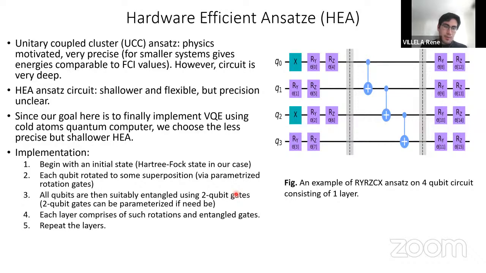And like I said, this is a type of ansatz that comes in layers. So we construct one layer, and then we repeat the layers as much as we need to get a good final state. And here in the figure, you see an example of such an ansatz, where we have the single qubit rotations, and then we have an entanglement block, and then we have more rotations, and we would have to repeat this over and over again.